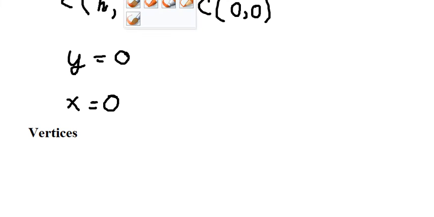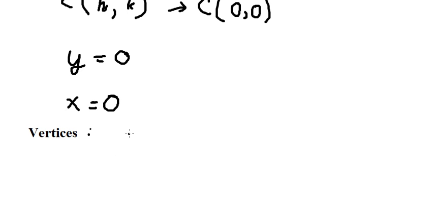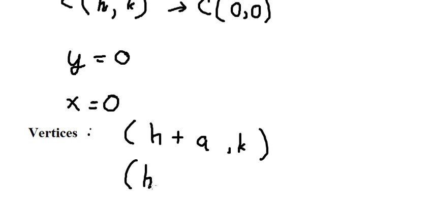For this one, we have the center in here. So the vertices should be h and k. We need to add a, and the second one is minus a.